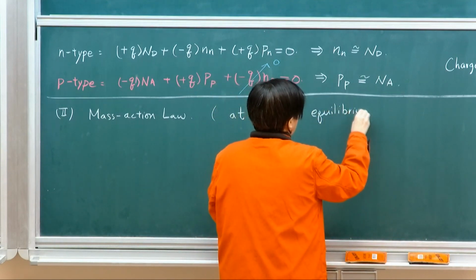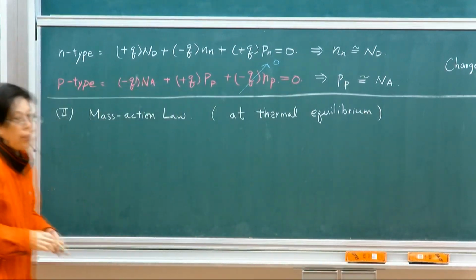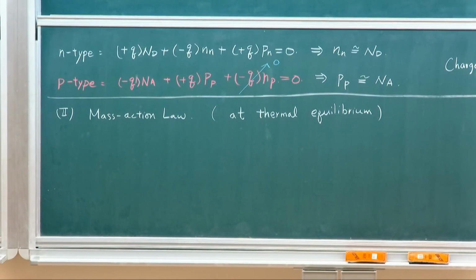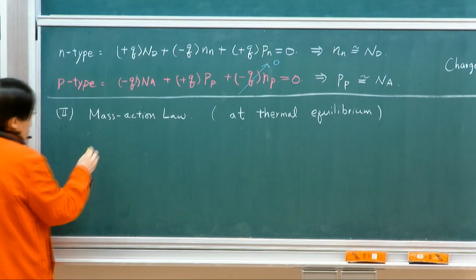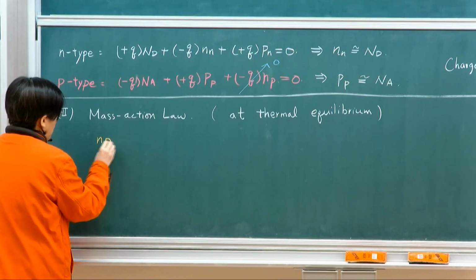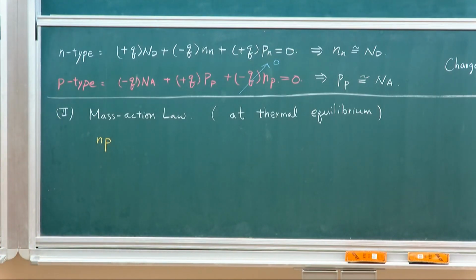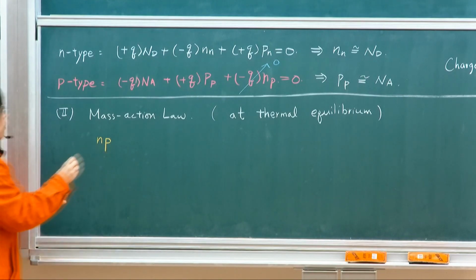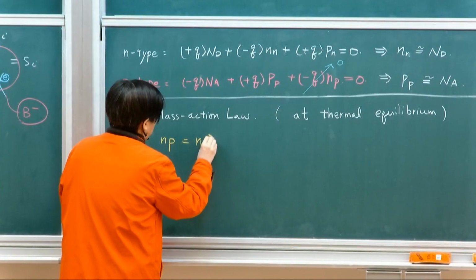This is a very important thing we use. What is the basis of thermal equilibrium? You know, thermal equilibrium, your chemical reactions are in thermal equilibrium. So if you have a ramping rate, we're not looking at the transient response. We're looking at equilibrium. Let me write the mass action law first. It says that for majority carriers and minority carriers, or electrons and holes, the product of electrons and holes equals Ni squared.